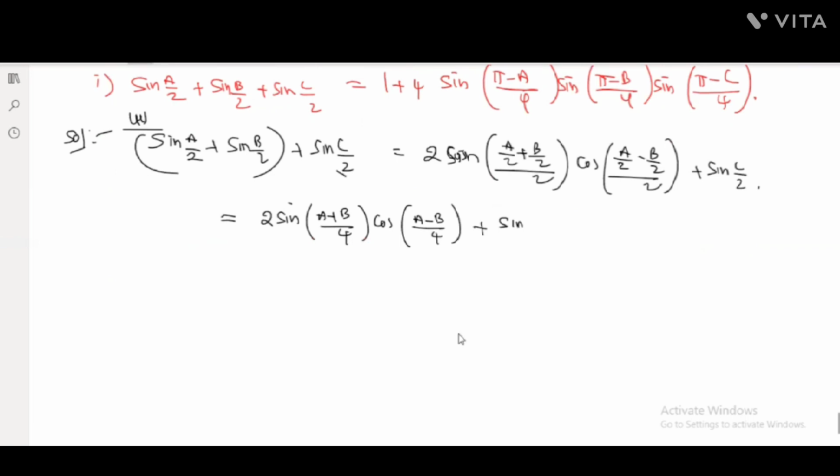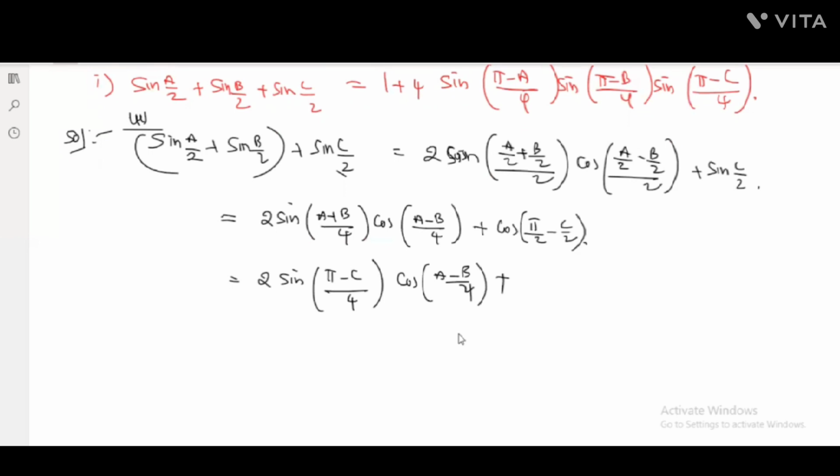How can we write sine c by 2 here? We can write it as cos of 90 minus c by 2, that means sine c by 2 only. So this we can substitute here. For 2 sine of a plus b by 4, we can substitute pi minus c by 4, into cos of a minus b by 4, plus cos theta.